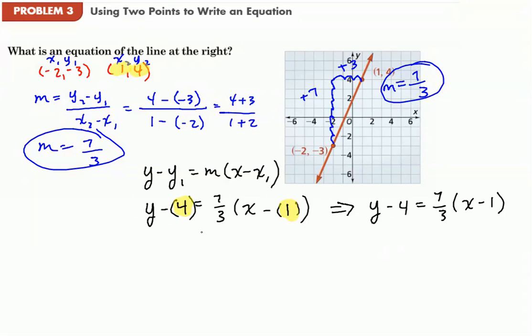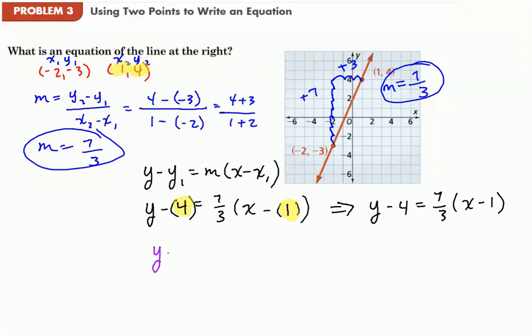Now, you're thinking, can I use any of the 2 points? Any point on the line is part of the equation, so I could use the other one. Let me use another color, purple. I can do the same thing.